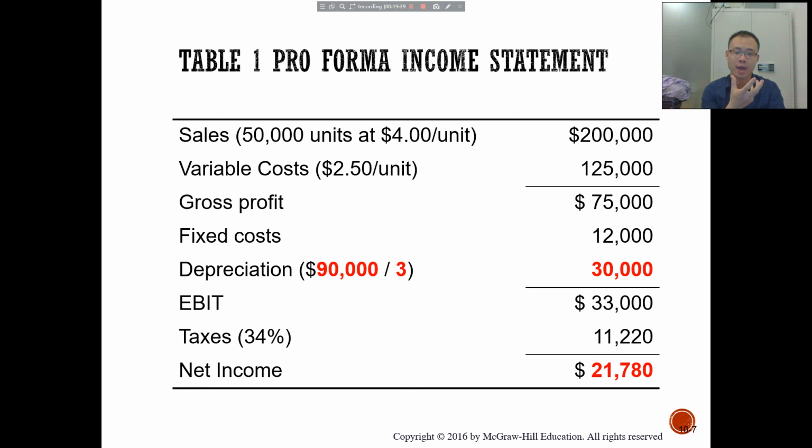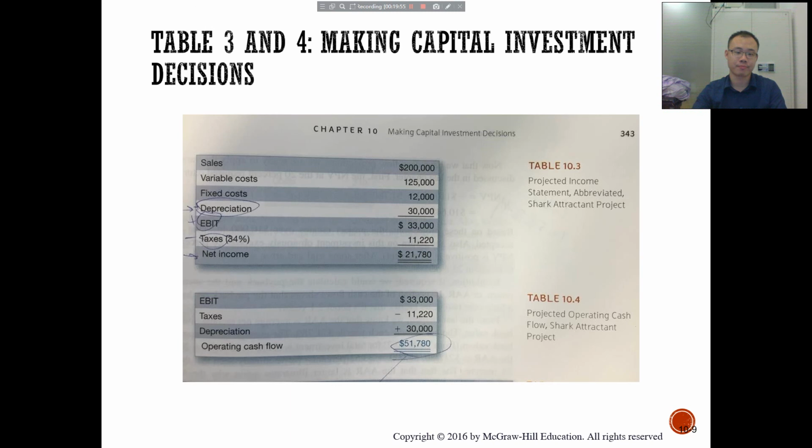So your pocket will have net income plus depreciation, and that is operating cash flow. So at the end of the first year, you get this money from operation. Because net income is equal to EBIT minus taxes, operating cash flow also equals EBIT minus taxes plus depreciation.